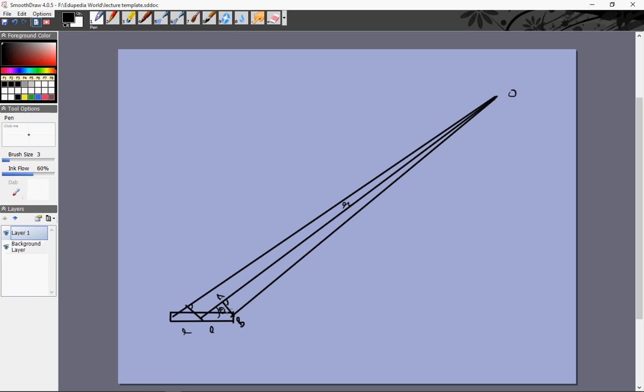So this distance OB can be written as OA, and OA is OP minus PA. Let's call this R plus, because this is plus, and this R minus. We can see that R plus is approximately equal to d minus l cos theta, and R minus is approximately equal to d plus l cos theta.